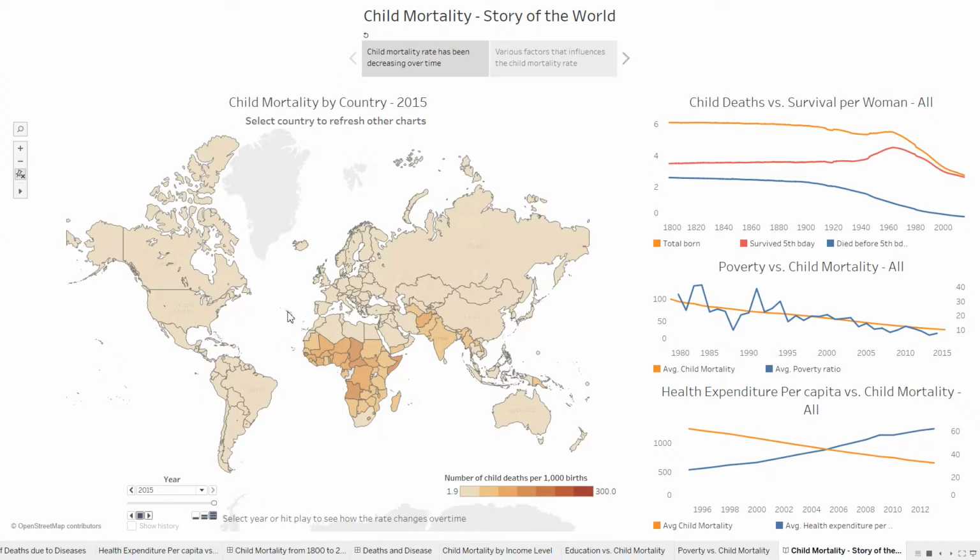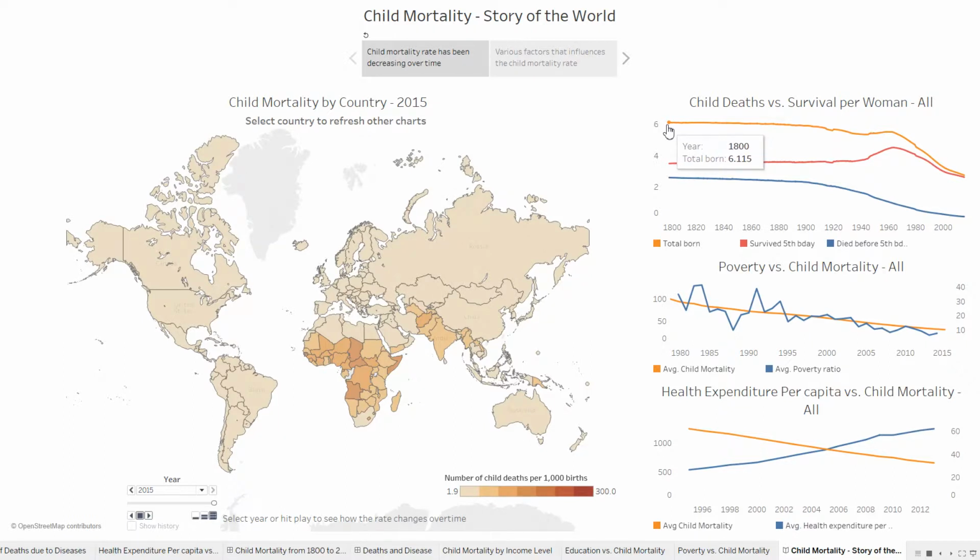Now that you know very few children are dying, let's see how it has affected the population. This is the overall number of births given by a woman.